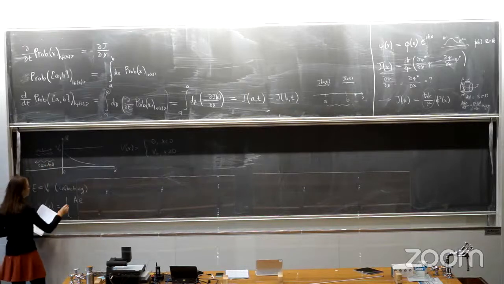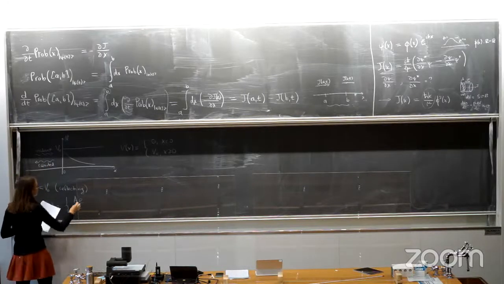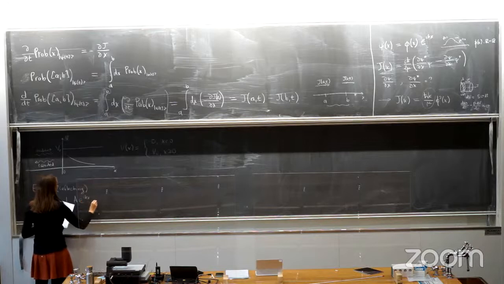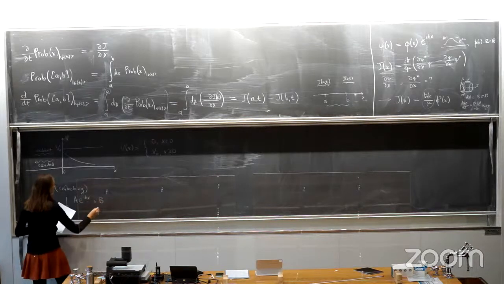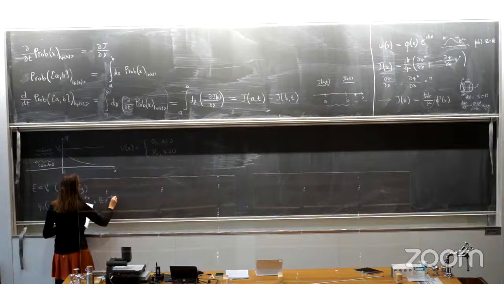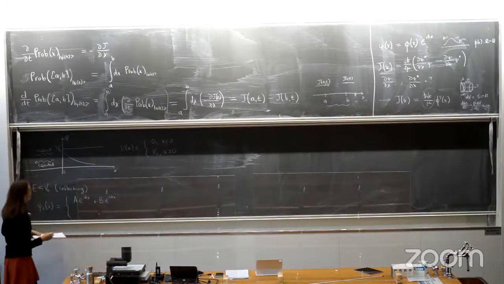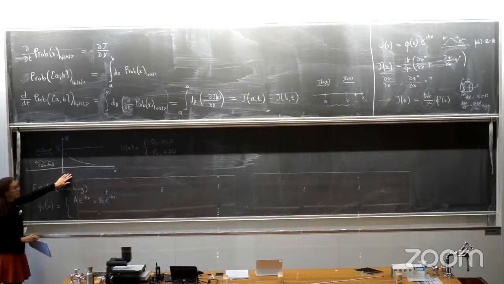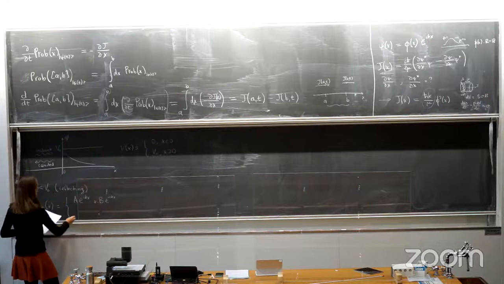With different coefficients, it's just a linear combination of them. And for the x's which are above 0, we just have the decaying part.